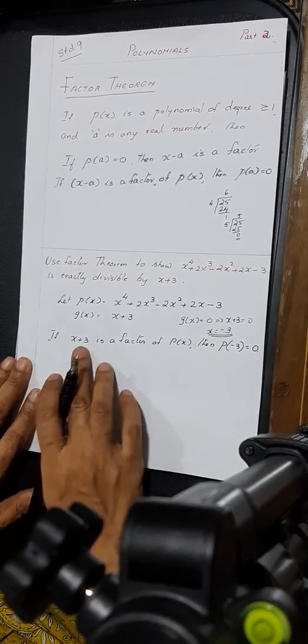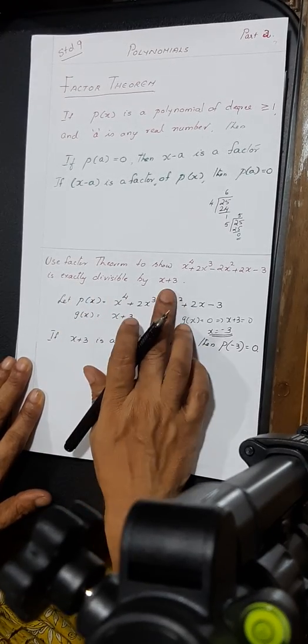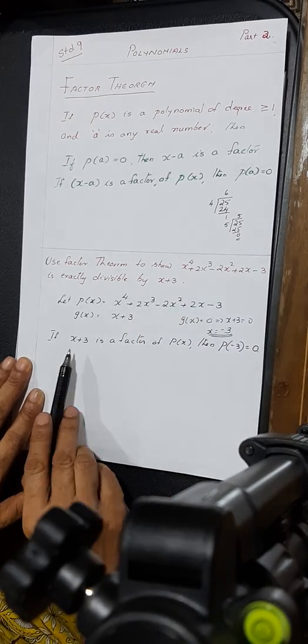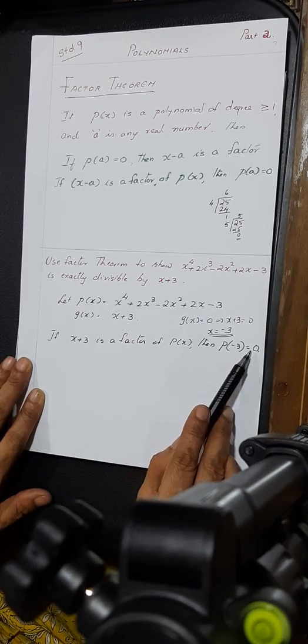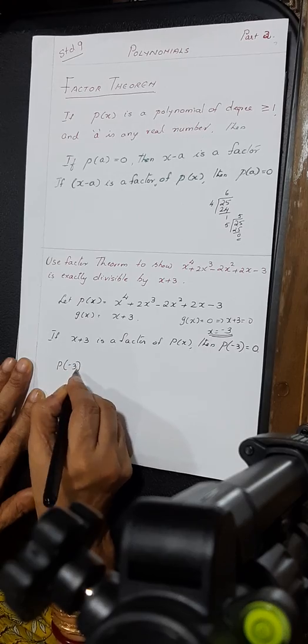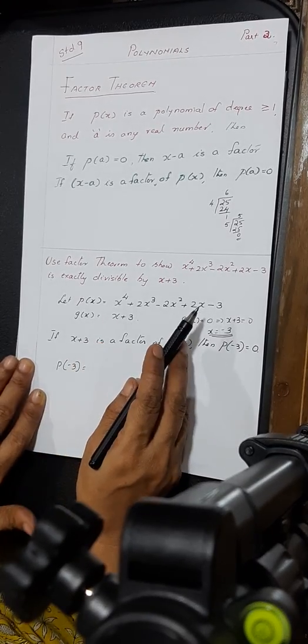If x plus 3 is a factor, exactly divisible means it will become a factor, like 5 is a factor of 25. So, if x plus 3 is a factor of p of x, then p of minus 3 has to be equal to 0. Let us find p of minus 3. Just substitute the value of x as minus 3 in this expression.